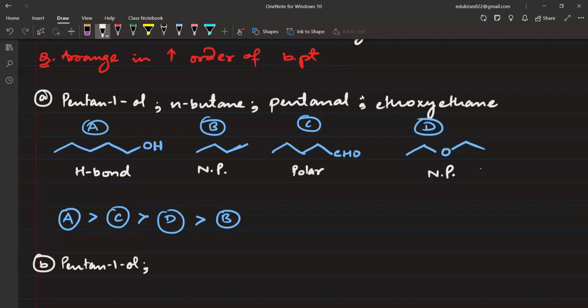The structure to name is very important. If you don't know structure to name, it's going to be very difficult, even if you know everything about boiling point. So pentane 1 ol, butane 1 ol. Then you have butane 2 ol. Then you have ethanol. Then you have propane 1 ol.